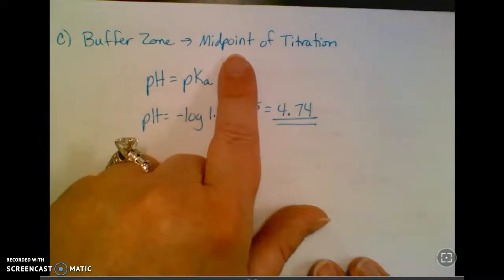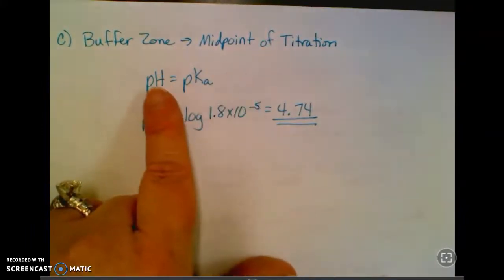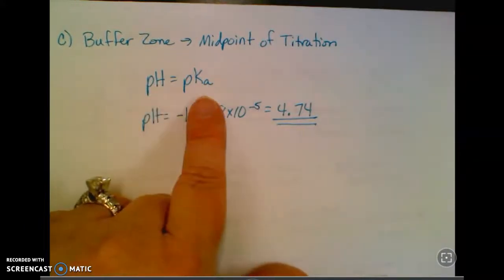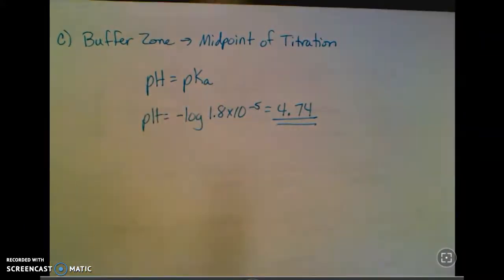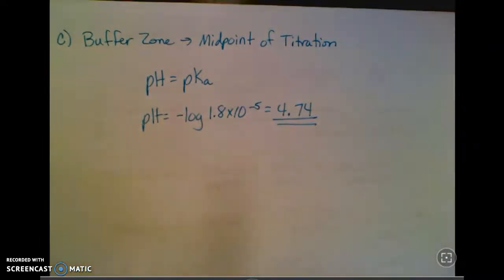So only for this one unique point in the titration at the midpoint, your pH is equal to your pKa. And we just figured out that the pKa was 4.74. So I know at that point my pH is 4.74. Why is that true? It's just simple math.